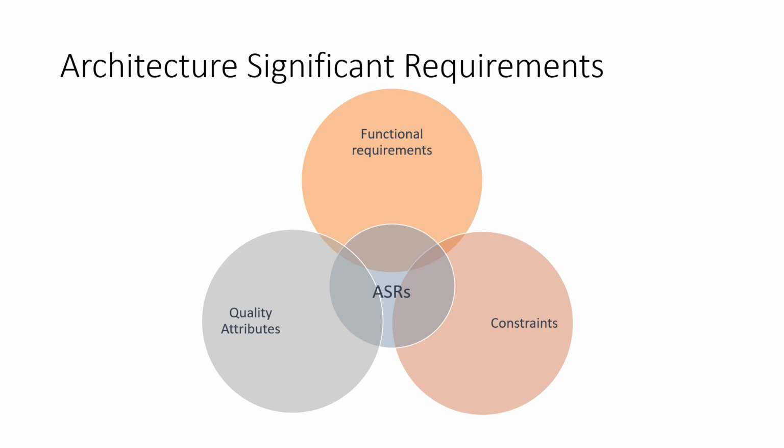If these are wrong, incomplete, or inaccurate, the architecture is highly likely to contain some errors. For example, requirements such as the layout of the contact us page, or that the temperature should be displayed in Celsius, are not architecturally significant requirements.